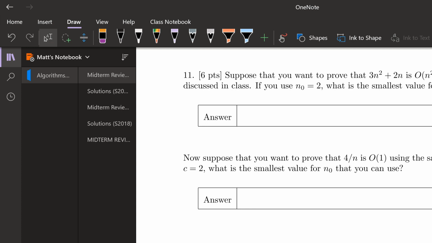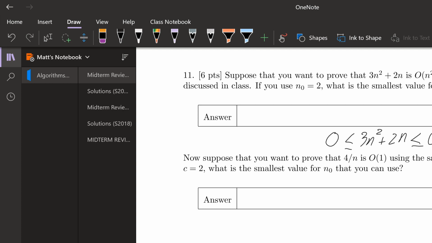So for 11, suppose you want to prove that 3n squared plus 2n is O of n squared using the formal proof technique we discussed in class. If you use n naught equal to 2, what is the smallest possible value for c that you could use? Does anybody remember the process for solving these? 0 is less than or equal to 3n squared plus 2n is less than or equal to cn squared, for n at 2 or greater.